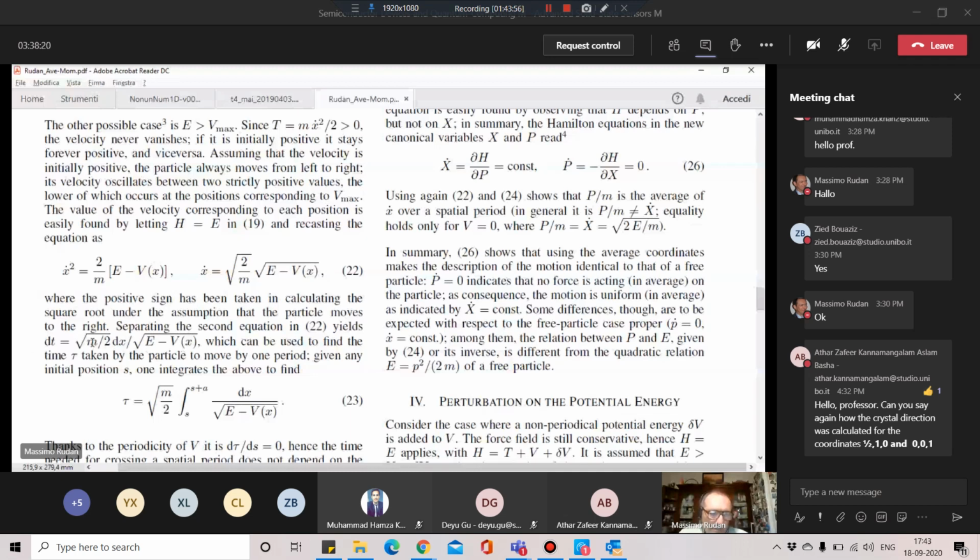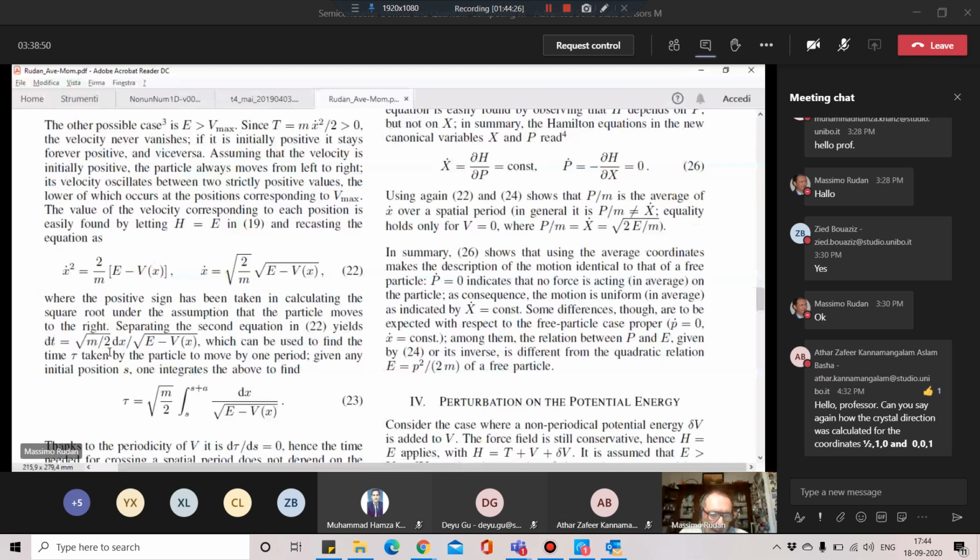So we express the differential of time as a function of position, okay? And then we integrate over a period, okay? So when we integrate over the period, the integral of dt gives you the time tau necessary for the particle to move over one period, okay?